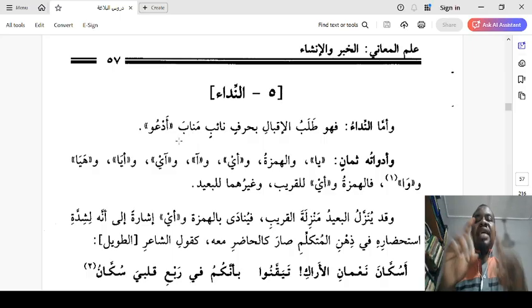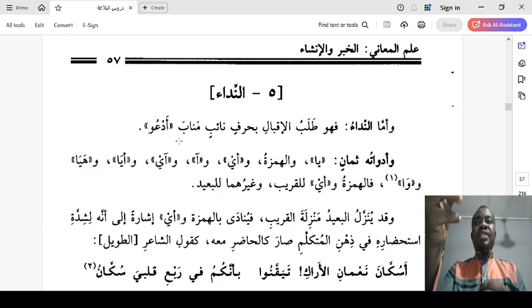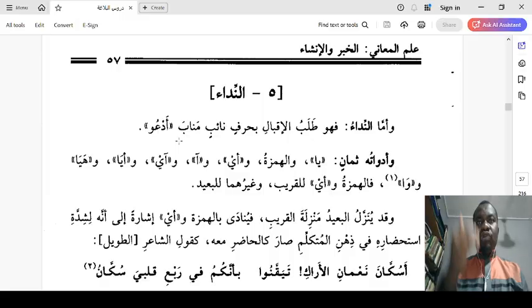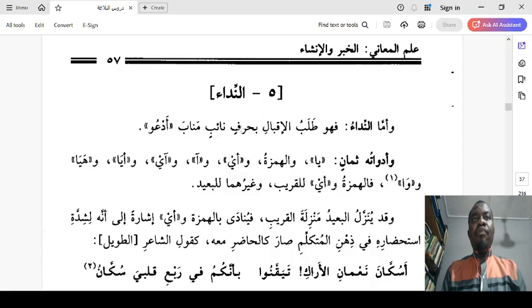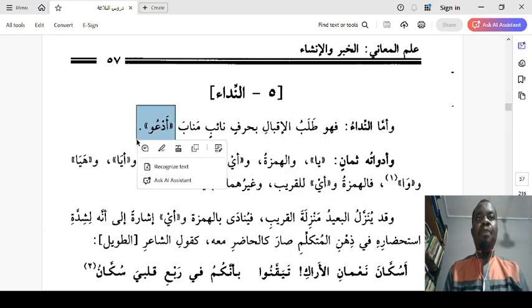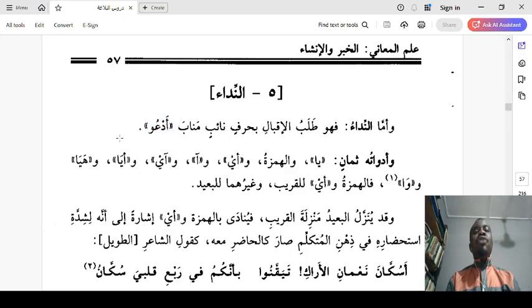When we say an-nida, it is you requesting for somebody to approach, using a harf that takes the position of ad'u. So what does it mean? Normally you say something like Ya Muhammad. What do you mean?